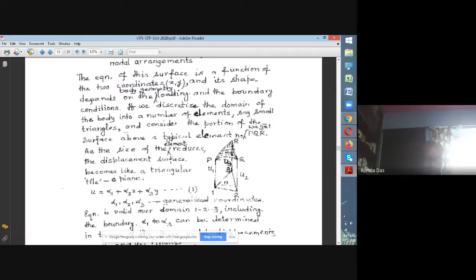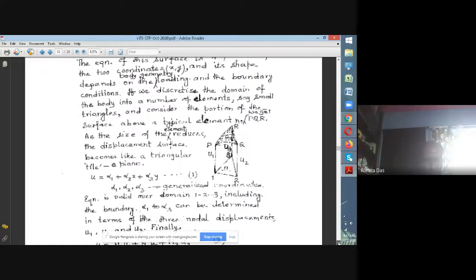Since this equation is valid over the area of the triangle, we can think of its validity at nodes 1, 2 and 3. If the displacements above point 1 is u1, above point 2 is u2, and above point 3 is u3, it is easy to solve for the 3 generalized coordinates in terms of these 3 displacements.